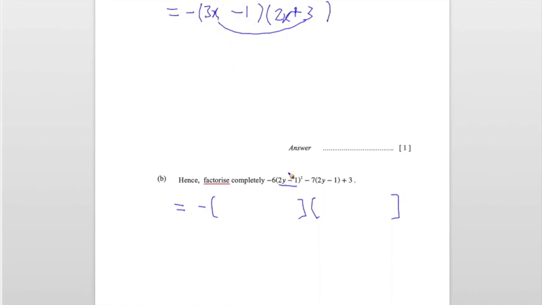Remember that we are replacing the x by 2y minus 1. So in the answer, the x is also replaced by 2y minus 1.